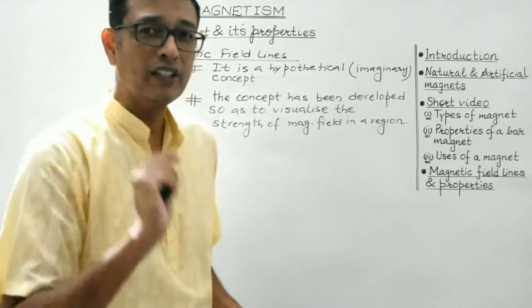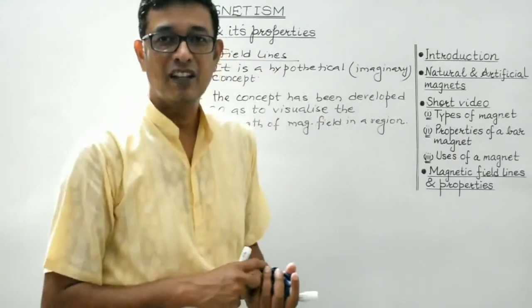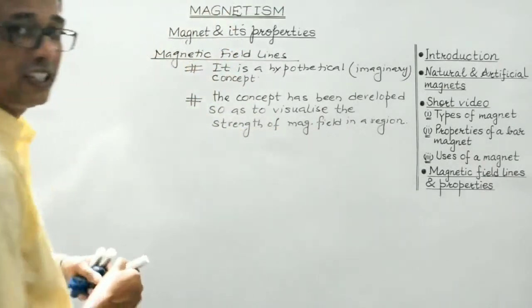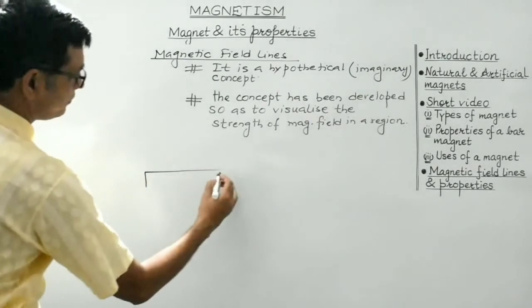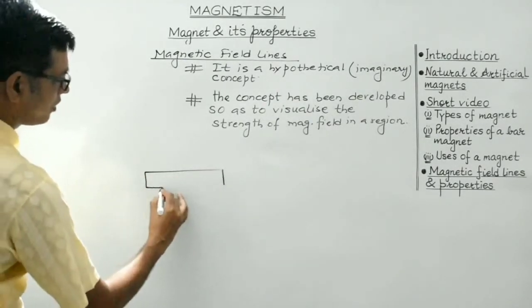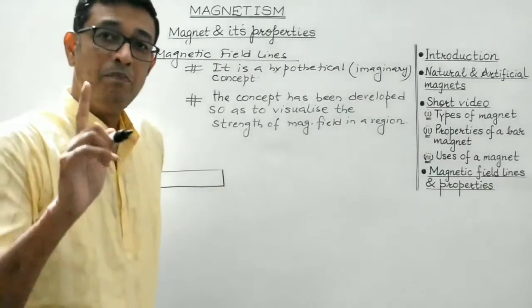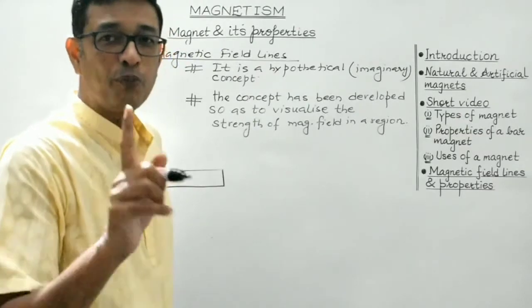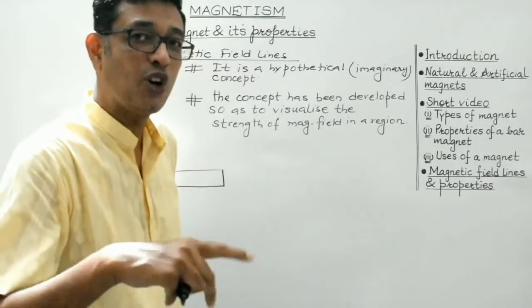In the video, students, you must have watched how the magnetic field lines can be visualized, isn't it? So I will draw that diagram. Suppose this is the bar magnet. Again, I must remind you that magnetic poles always exist in equal and opposite pairs. So if this is a magnet, it must have two equal and opposite poles.